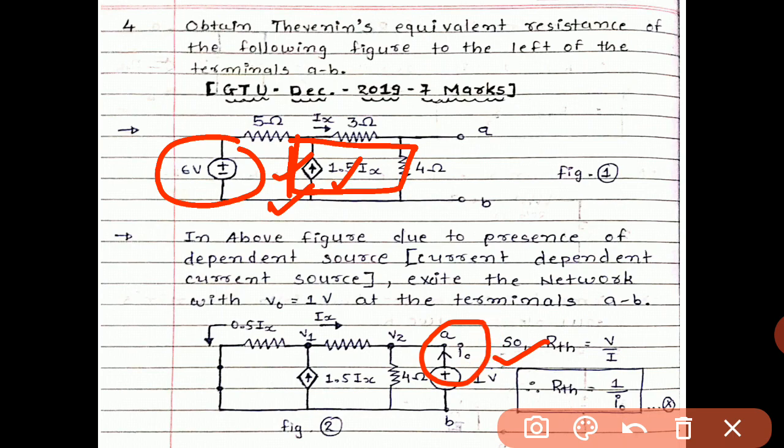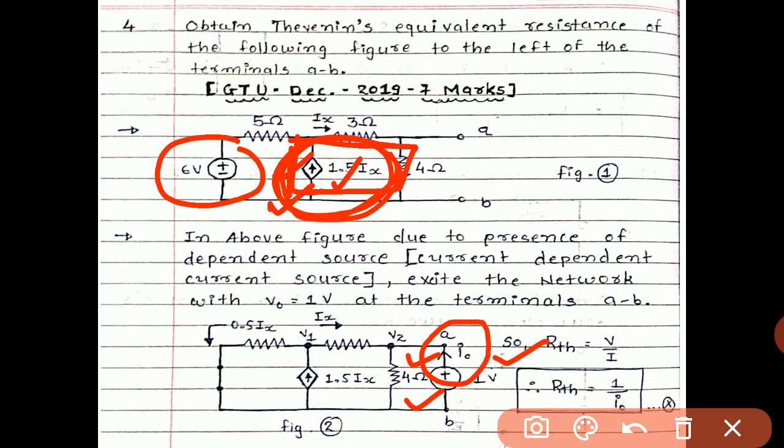So RTH equals 1 upon I0. This notation is given by us, and this voltage source is introduced by us. Why do we introduce this 1 volt source? Because over here a current dependent current source is given, but there is no active source given.